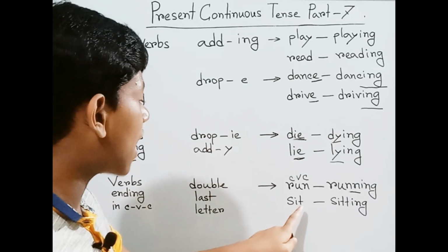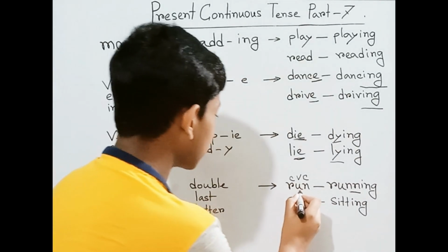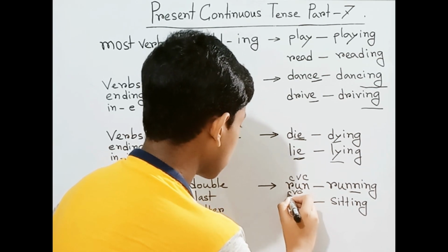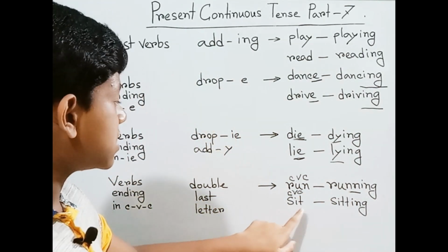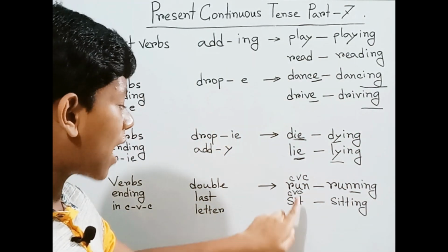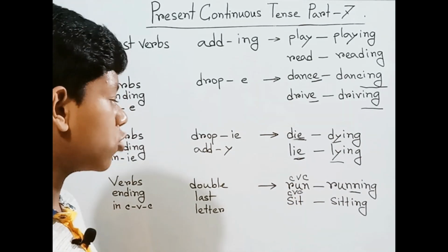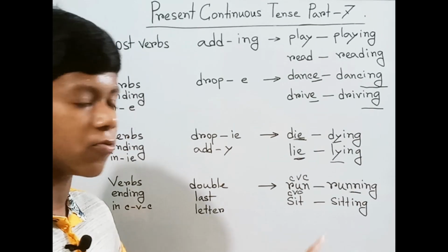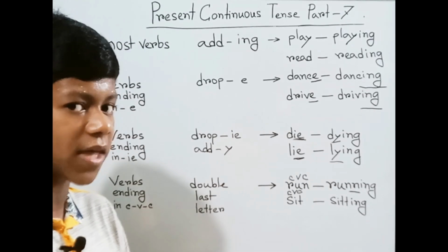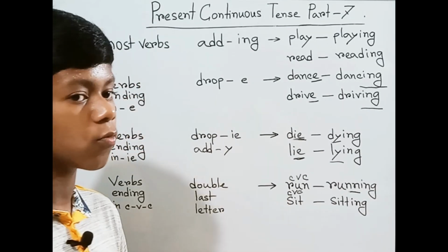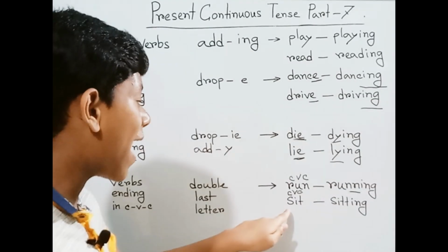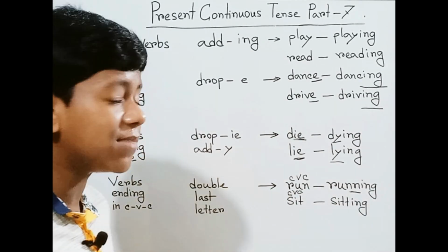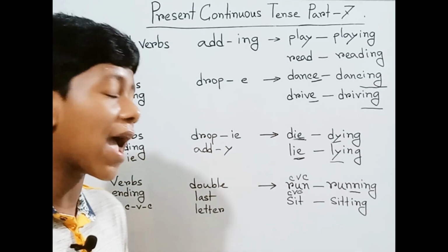Same here, S-I-T. Let me write it. Here T is a consonant, I is a vowel, and S is a consonant, which is the first letter of this verb.